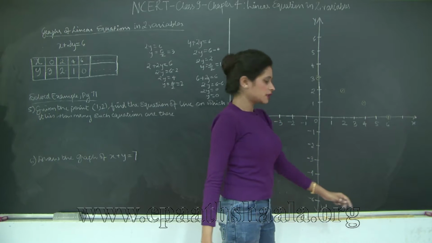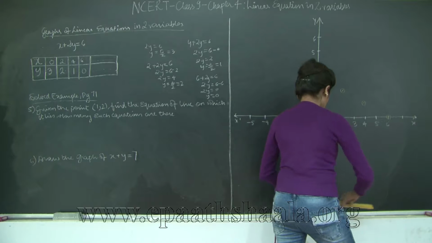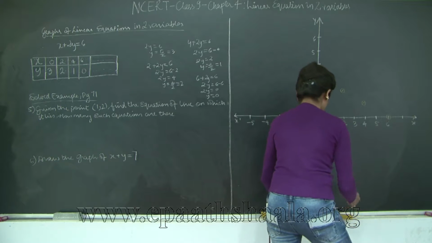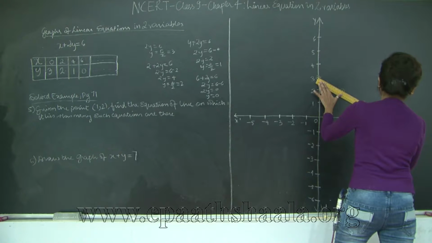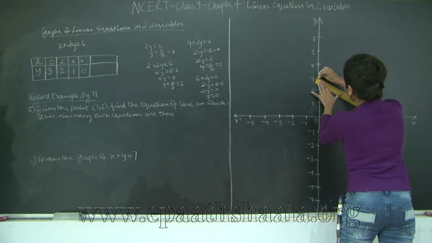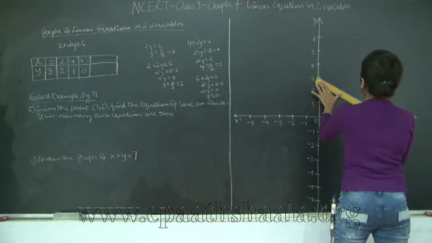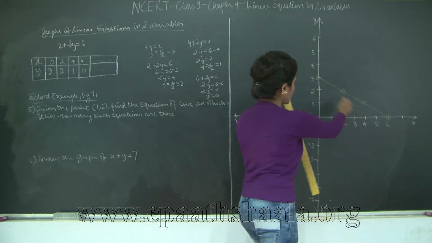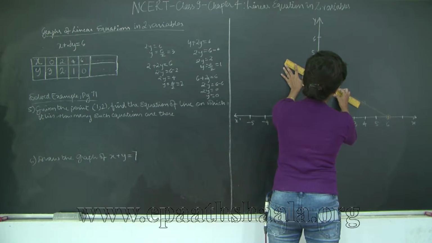Now once we have plotted the points, we'll go ahead and join them. So joining these, I'll take a white chalk to join, or let's join them with the yellow chalk itself. You just do not have to mark the points end to end, just extend the line, because it's a line, it has an arrow in both the directions.